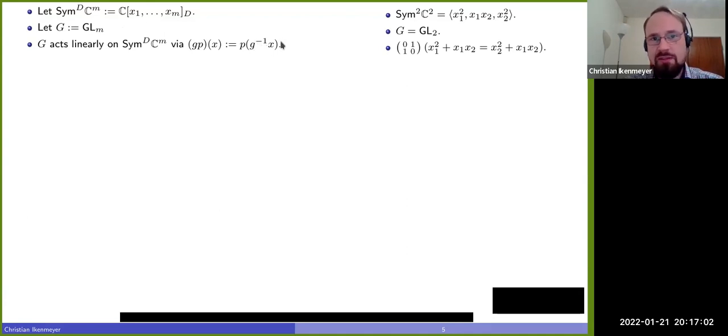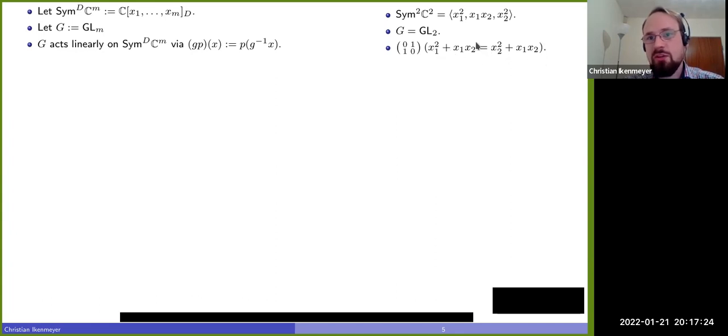It doesn't really matter. All these things are basically the same, but of course when it comes to the details, when you do calculations, then it actually matters. So what I chose here in the example is a matrix that is self-inverse and self-transpose, so we cannot mess anything up here.